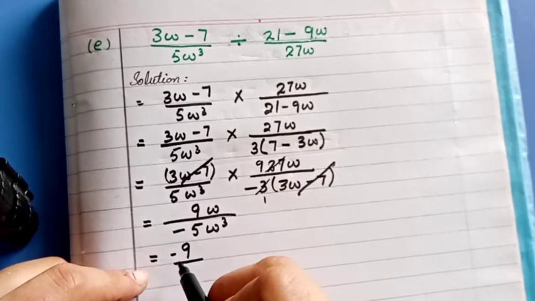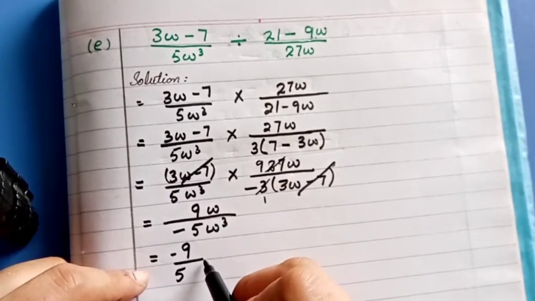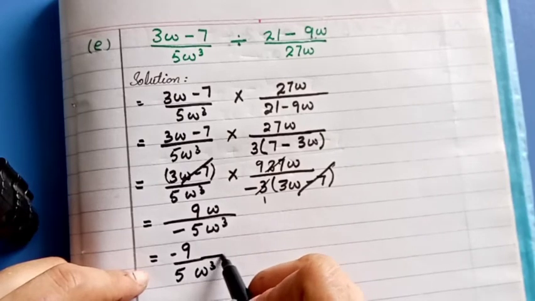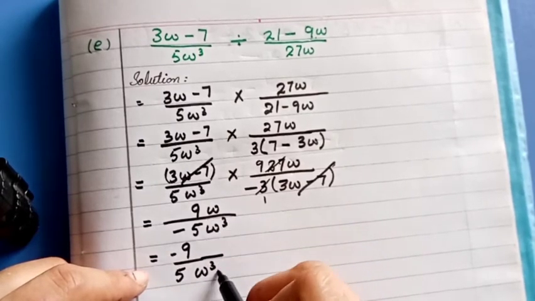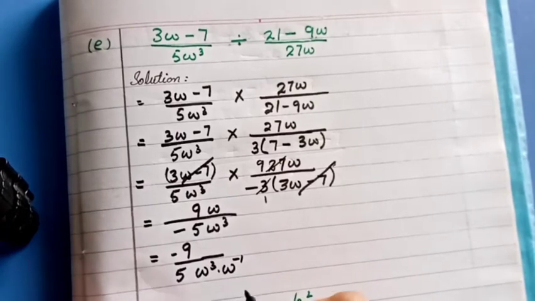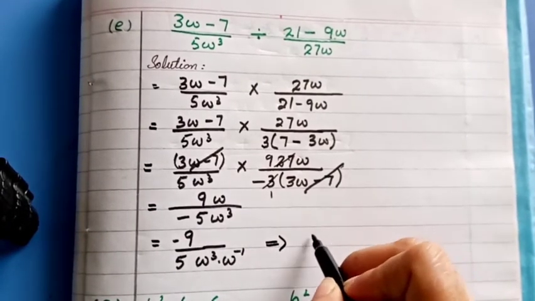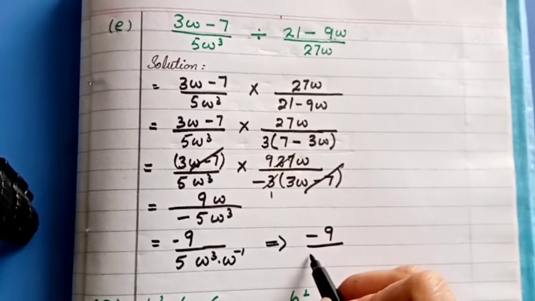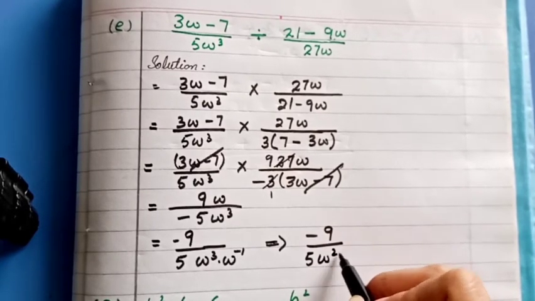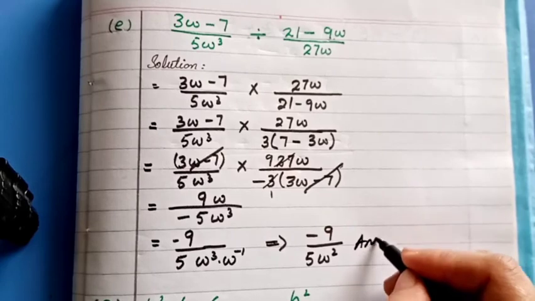So minus 9 upon 5. This w in the numerator will move towards the denominator. It will become minus. Its power will become minus. So answer will be minus 9 upon 5w square. This is our answer.